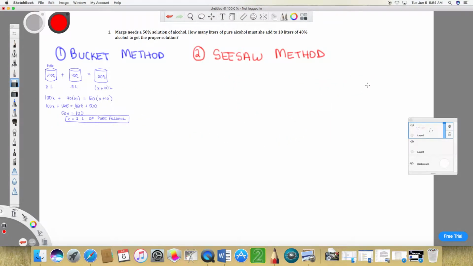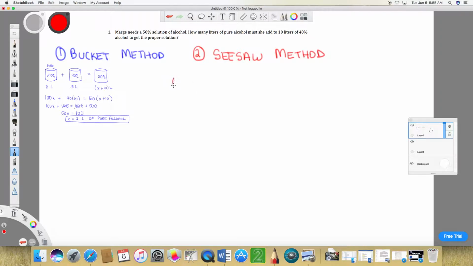All right, so in both of these methods, it was important to recognize that the final solution had a concentration that was in between the other two. In these problems, you're always going to be able to identify what the weak solution is.